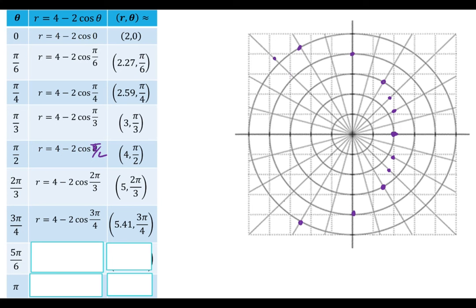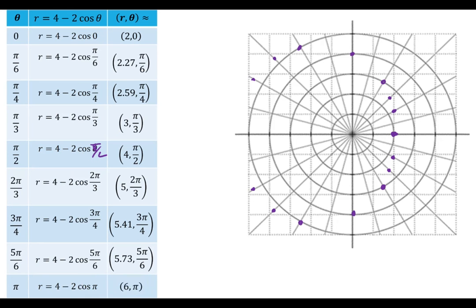And then we of course get the mirror point. And then for 5 pi 6, I get 5.73. So let's go a little further. And then the mirror point. And then for pi, I get 6. And so that's about right here. And so this one looks about, it's almost flat on the far right, but not quite.